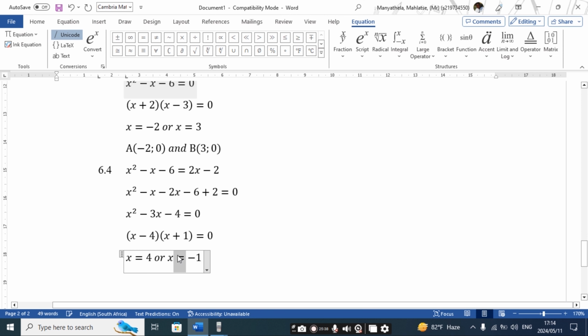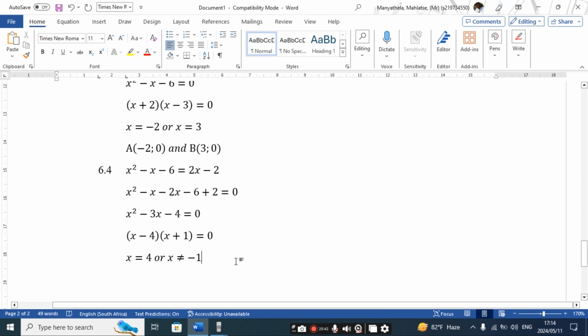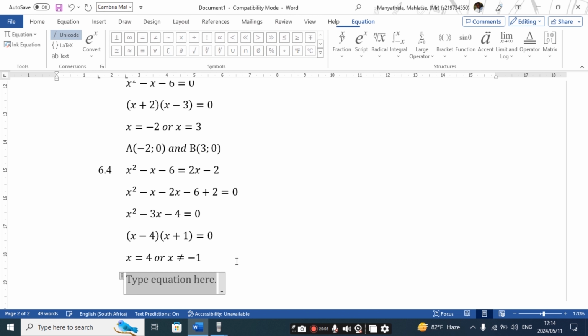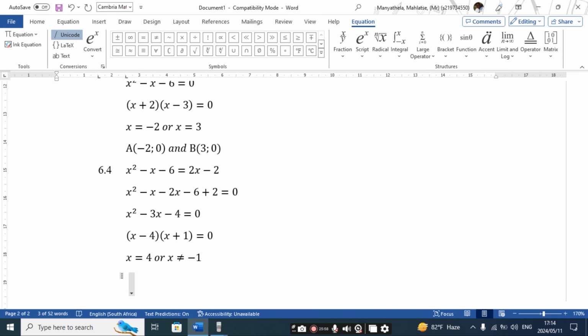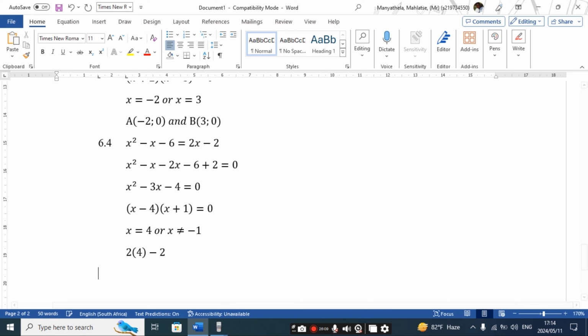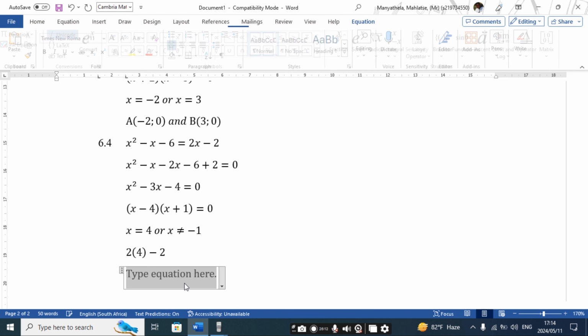And then we know that this value of x is not the x coordinate at the point E. So we are not going to consider it. Let's only consider x equal to 4. So to find the y value, we can substitute x equal to 4 in the equation 2x minus 2. 2 times 4 will give us positive 8.